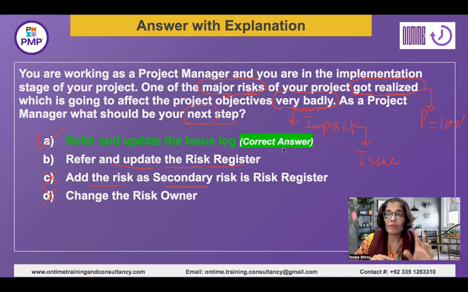But updating the risk register is not the first thing or the next thing that you should be doing in case of a critical risk becoming an issue, right? So first of all, whether this is identified or not is not mentioned here. And even if that is mentioned, I would still say that A is going to be the first choice, rather than B. So that is the reason why B is not the answer over here, right?